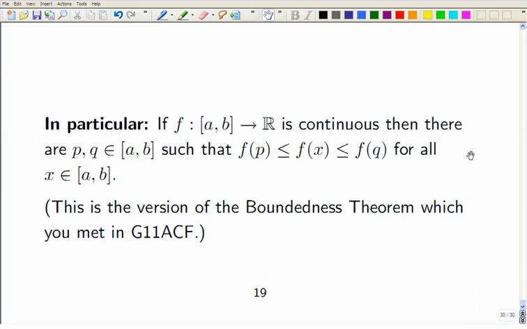Yeah, so here you are. This is last year's version of the boundedness theorem.